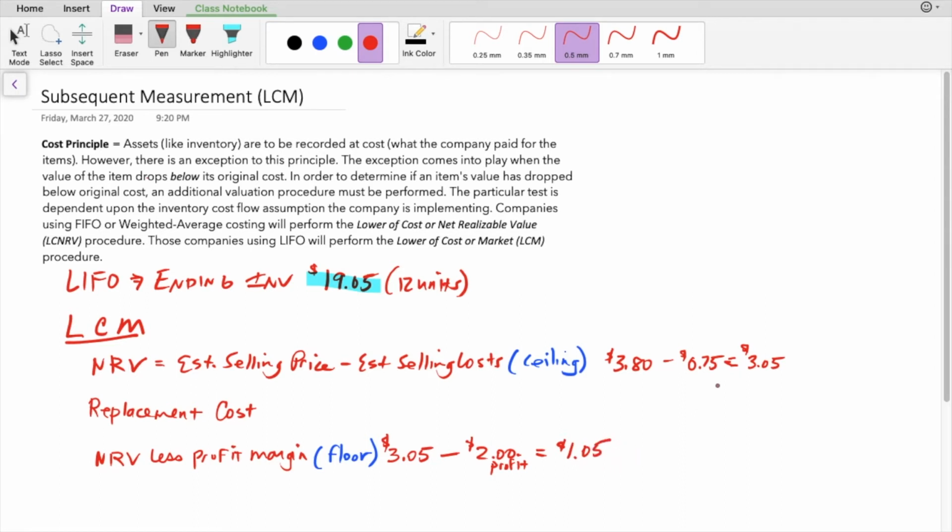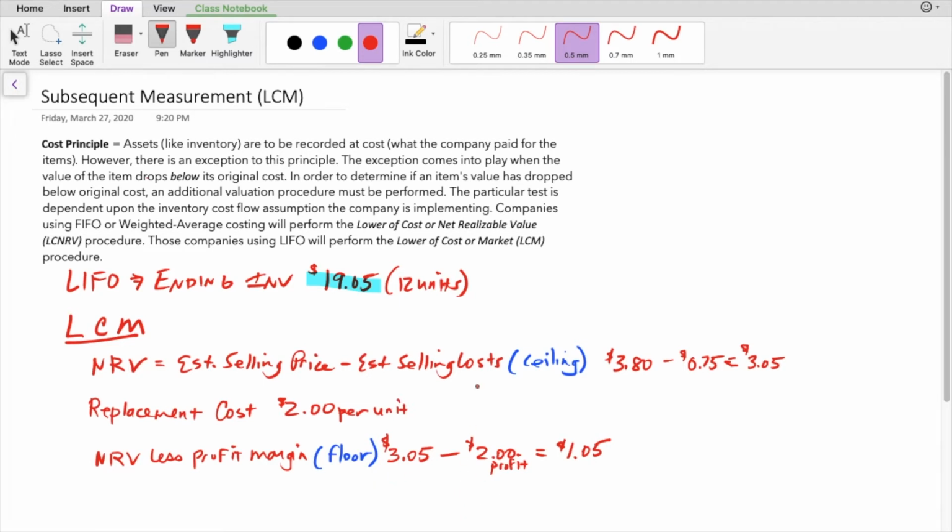So that's my floor and that's my ceiling. The next thing I do is I figure out what is my replacement cost. What would it cost me to replace the items that I would want to replace right now? In the market in which I buy cantaloupe, what does it cost to buy the cantaloupe? So let's say that our market value currently, the replacement cost, is $2 per unit.